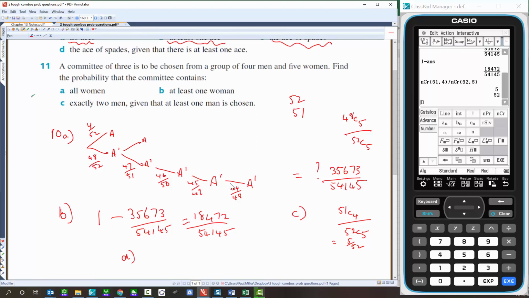It's going to be the probability of the ace of spades, which we just worked out, which is 5 over 52, over at least one ace, which is 18472 over 54145. Okay, what does that equal? That divided by this thing.